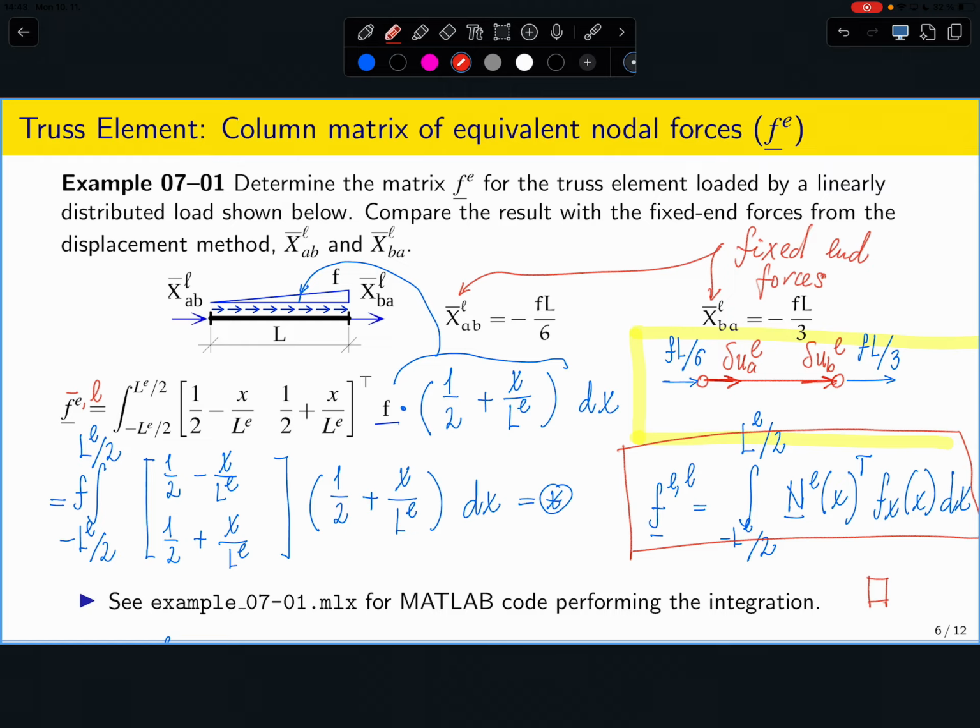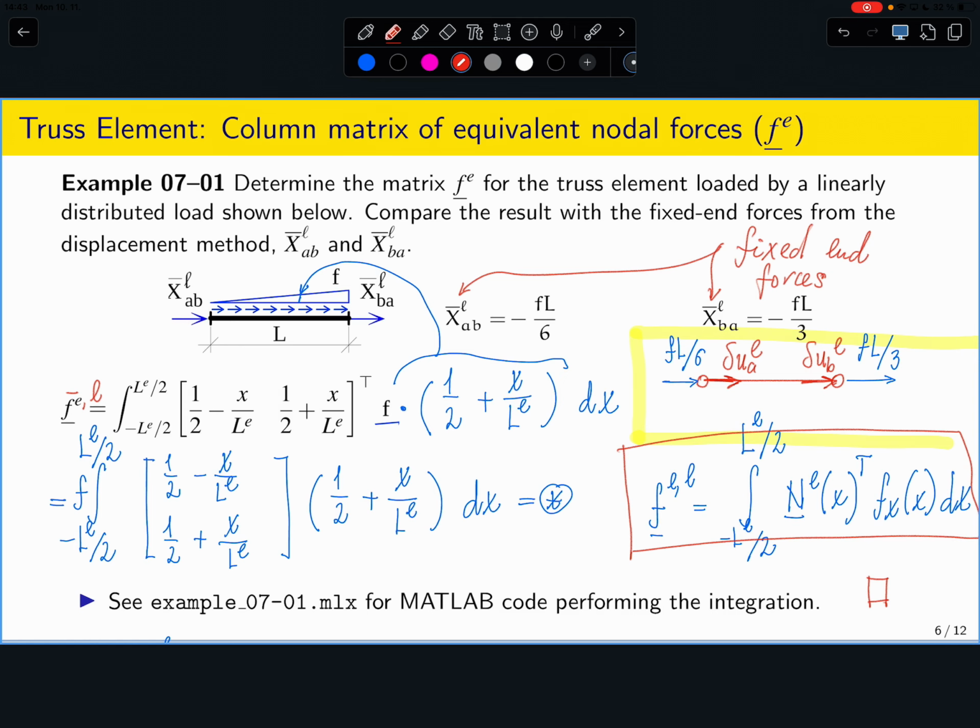The only thing which you need to do is just to express how this distributed load looks like and perform the integration, which you do not even need to do by hand. This is something you can do on a computer. And eventually you don't need to do it because you have these expressions already, so you just need to change the sign in all of them, and you have your results.